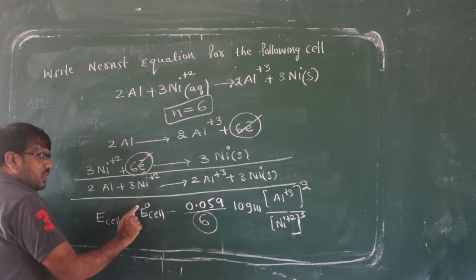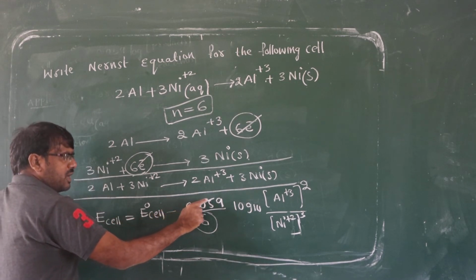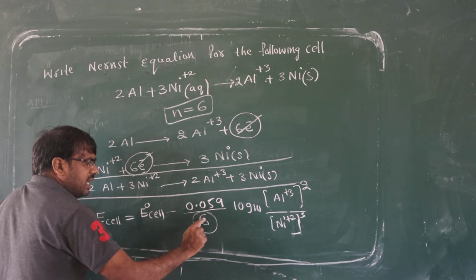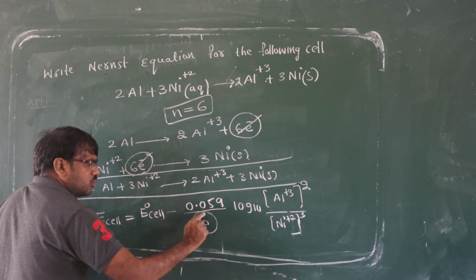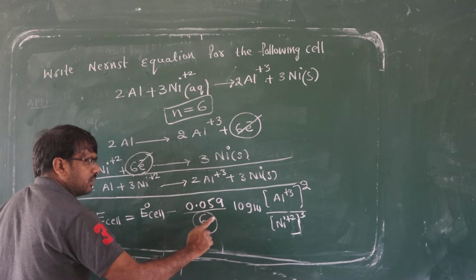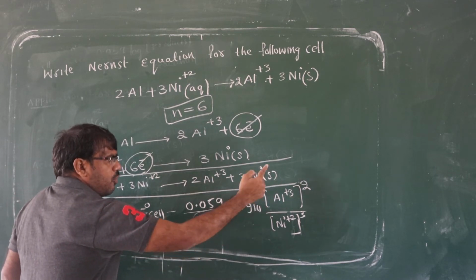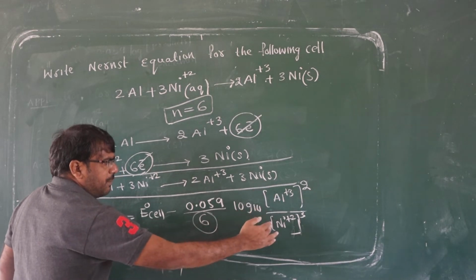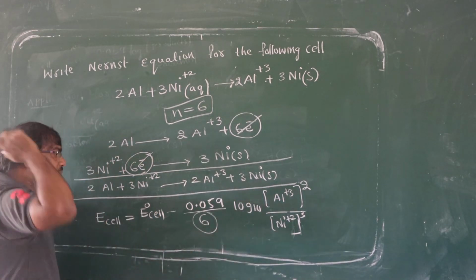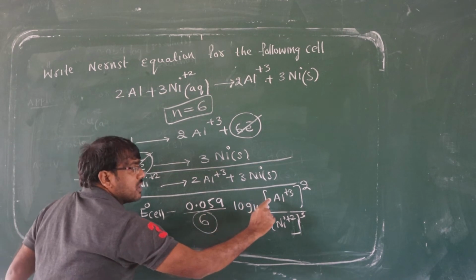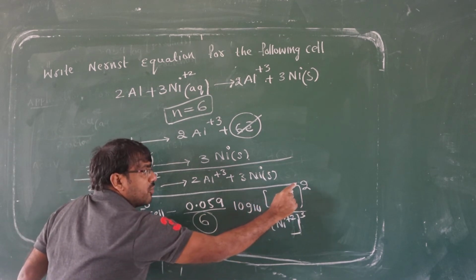See, E cell is equal to E naught cell minus 0.059 by n. In place of n, what should we take? 6 we have to take. Log base 10 of Al+3 overall power 2, nickel+2 overall power 3. So why should we take the concentration of Al+3 power 2?